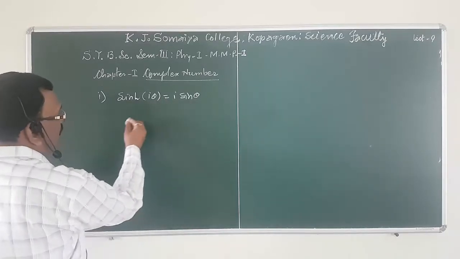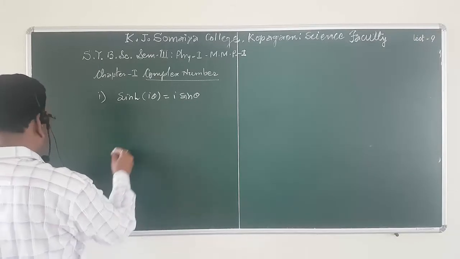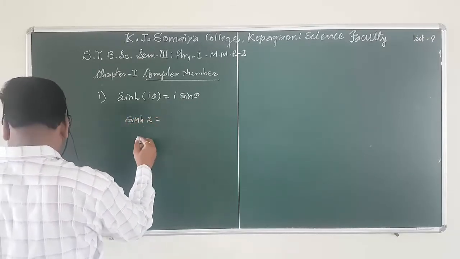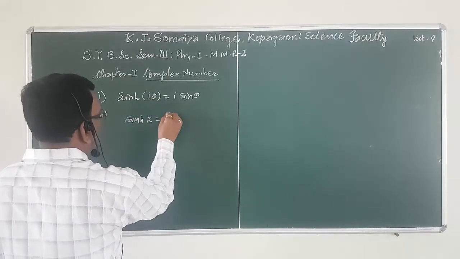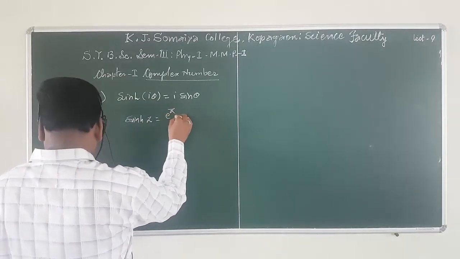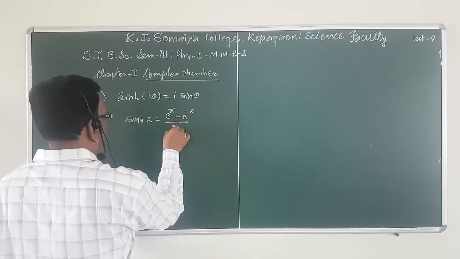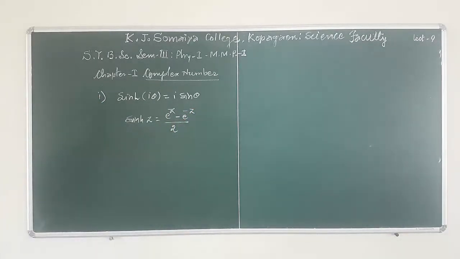How is it obtained? We know that sinh z is equal to e raised to z minus e raised to minus z upon 2. Okay.